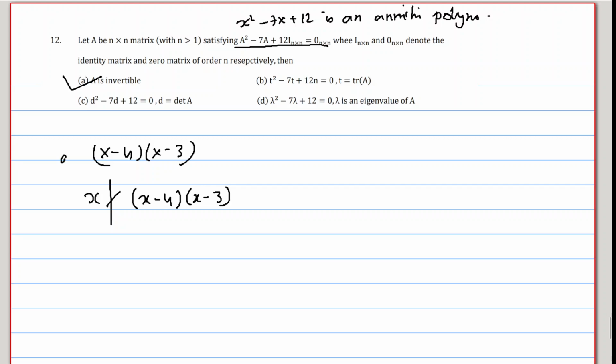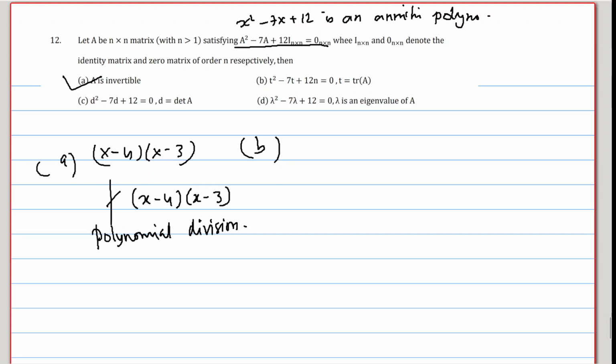Now this is option A. What about B? B says t squared minus 7t plus 12. What is the meaning of x here? As polynomials, polynomial division. Why are you dividing by x?